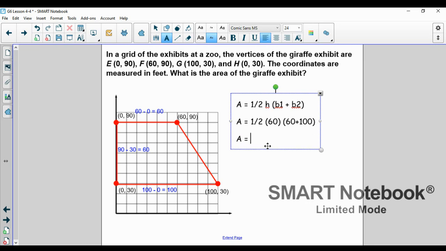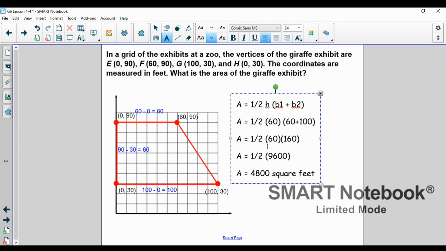Now I have 1/2 times 60 times 160. So I get area equals 1/2 times 9,600, and I get area equals 4,800. It says each of the coordinates are measured in feet, so this would be square feet or feet squared, either one.